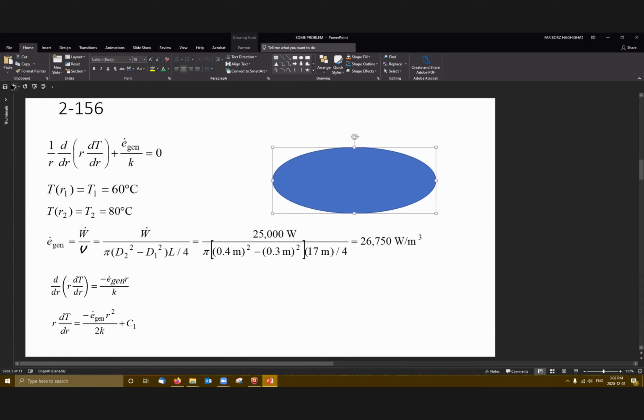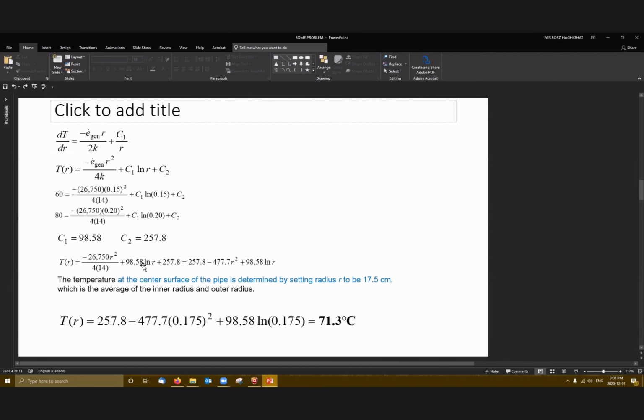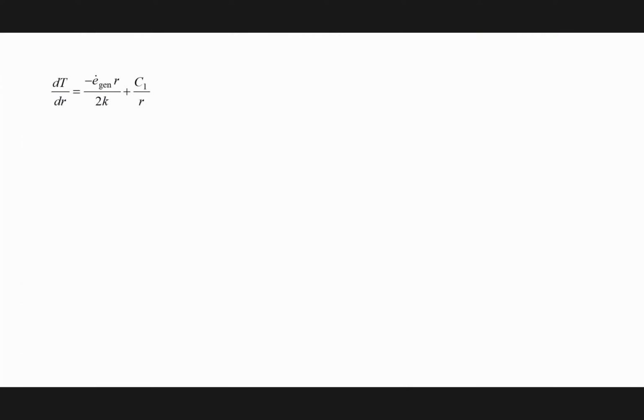I'm not talking about symmetry. I'm asking, if you go on the next page, the one on top, if we take dT over dr equals this, can we take dT over dr at R1 as 0?